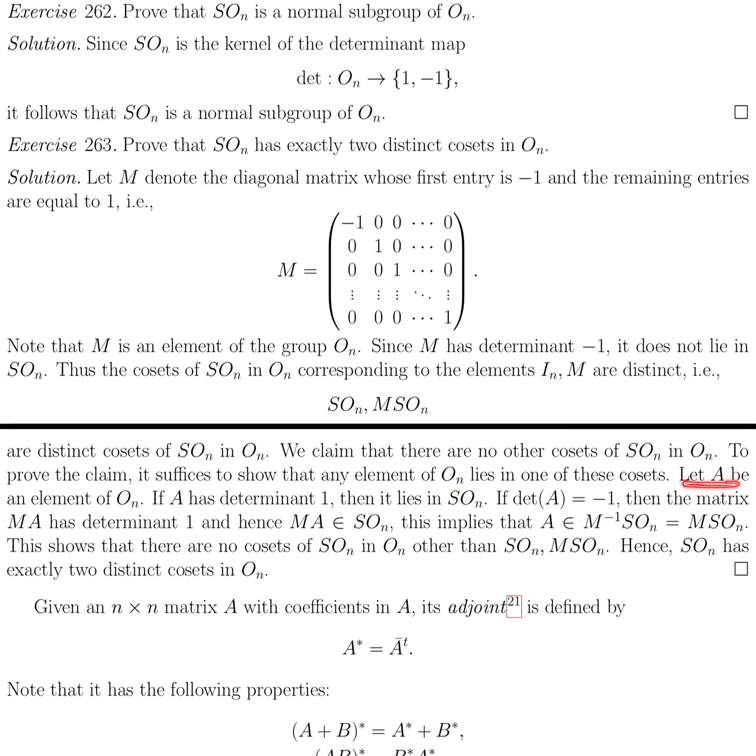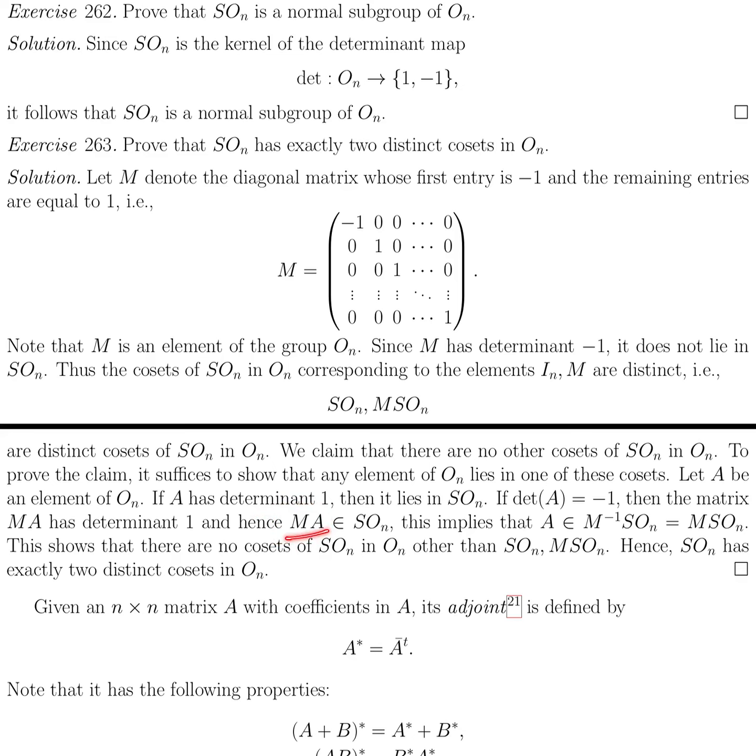You pick an element A from On. If A has determinant 1, then it lies inside SOn. Now if A has determinant minus 1, then the matrix MA, which is an element of On, has determinant equal to 1, because determinant is multiplicative.